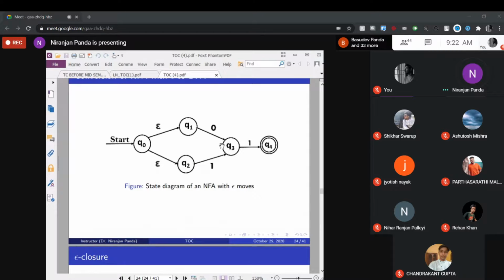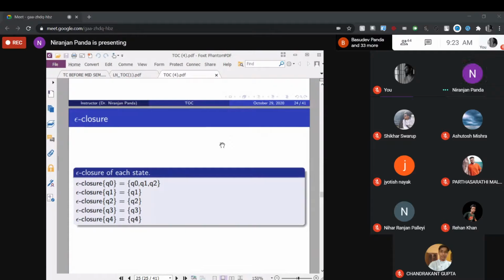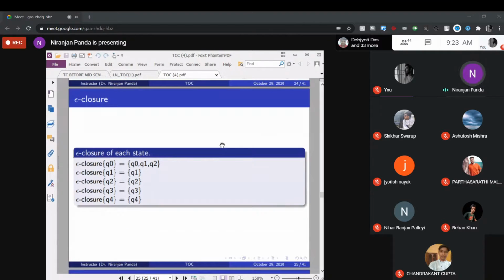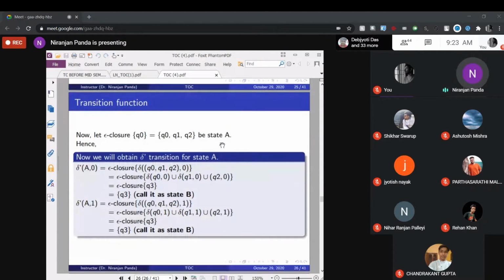I'm going for an explanation. This is the NFA epsilon I have, and I want to convert it into a DFA. For that, the first step is to find the epsilon closure. Then, moving next, I'm going for the transitions, which are steps number 2 and 3. I'm explaining how I find these transitions.